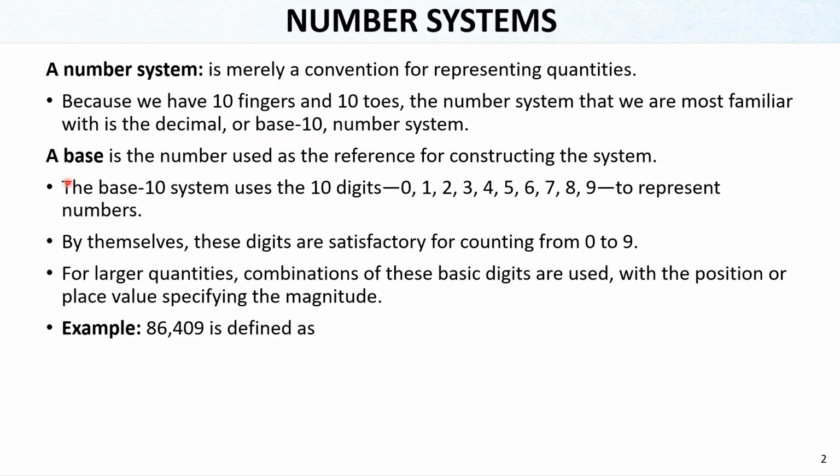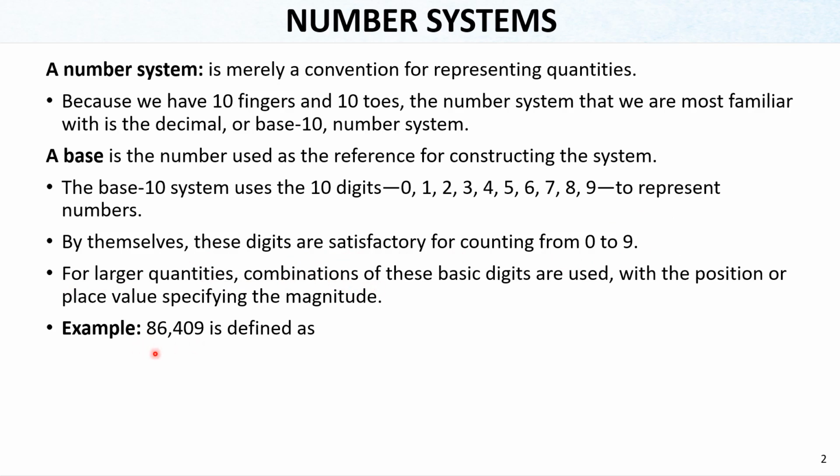A base is the number used as the reference for constructing the system. In the base 10 system, we have 10 digits from 0 to 9, and because we have 10 numbers, we have a base 10 system. By themselves, these digits are satisfactory for counting from 0 to 9, and for larger quantities we use combinations.